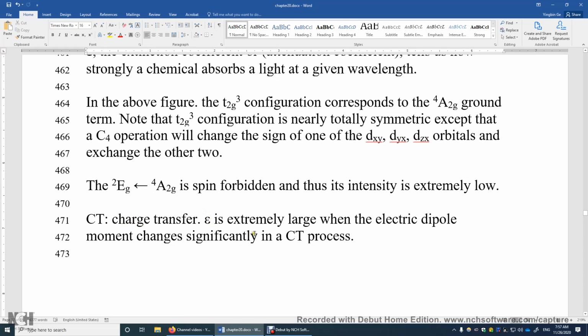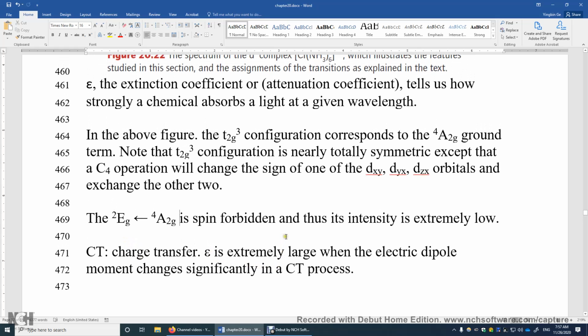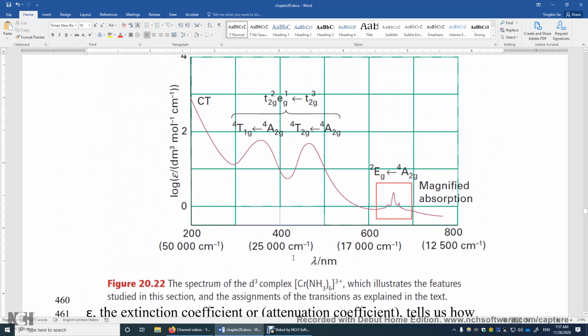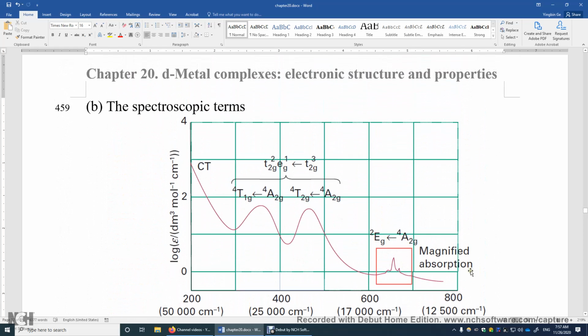Epsilon, this extinction coefficient, is particularly large when the electric dipole moment changes significantly in a charge transfer process. So again, that explains the 4 peaks, the relative intensities, and also why this peak is a spin forbidden process, and thus has a very small epsilon.